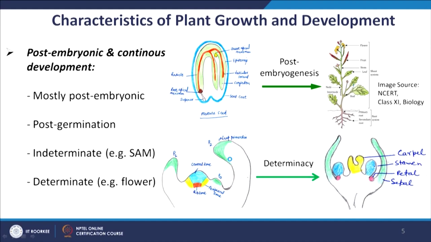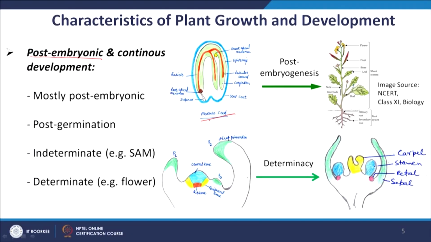If you remember the first class, we talked about how, in plants, growth and development is continuous, the first very important thing. Plants have the capability to grow throughout their life. Another very interesting thing is that most of the development is post embryonic in nature.